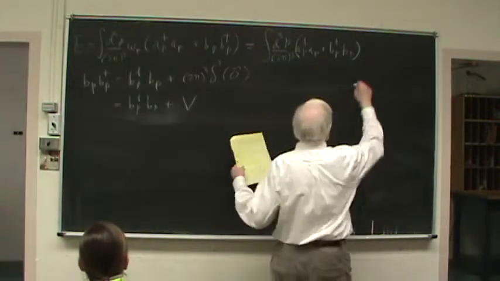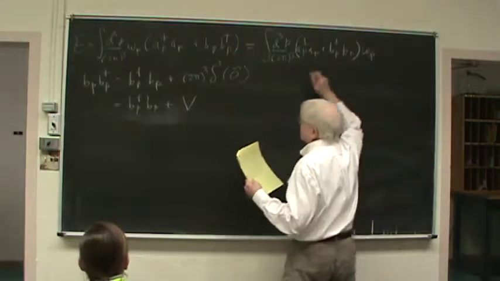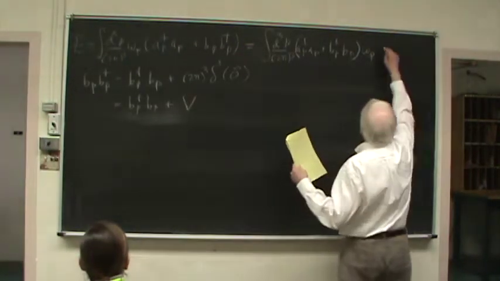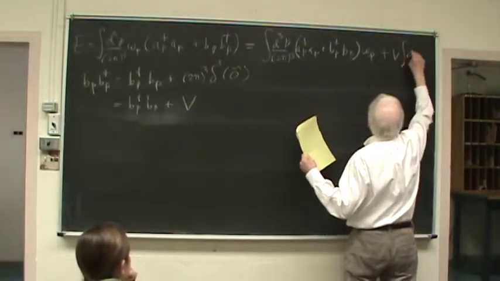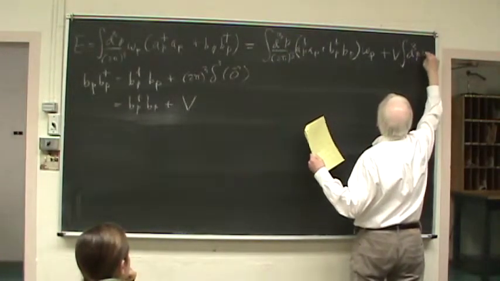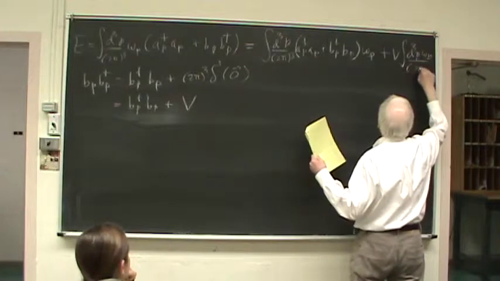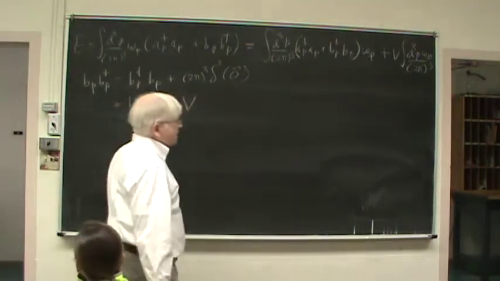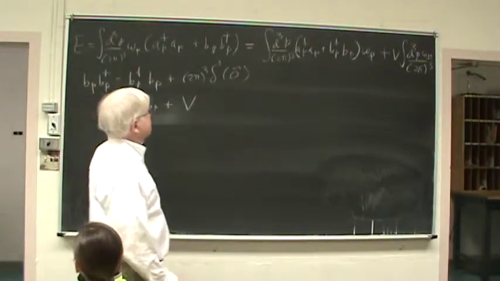And of course I left out the energy, omega p. And then there's another term, and the other term is V times the integral d^3p omega p over (2 pi)^3.